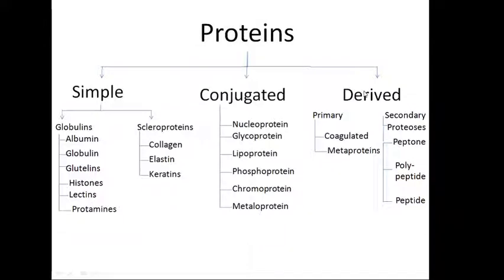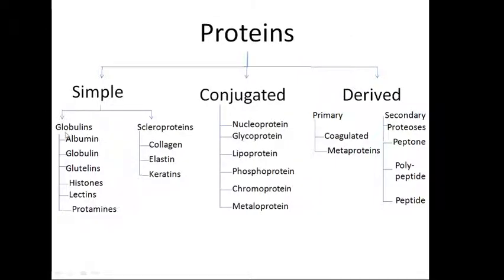So what are, first of all, the proteins? They are composed of building blocks of amino acid residues which on hydrolysis may yield just amino acids. Then it is referred to as a simple protein.